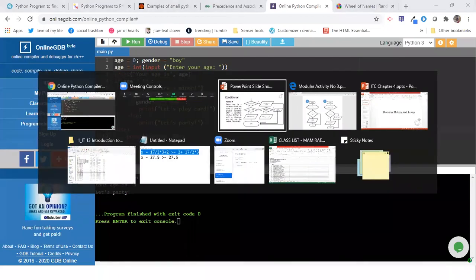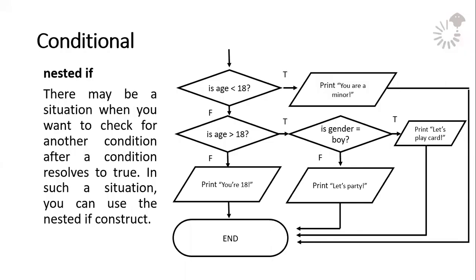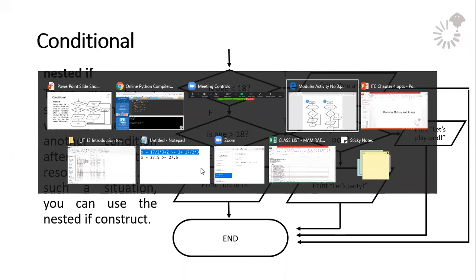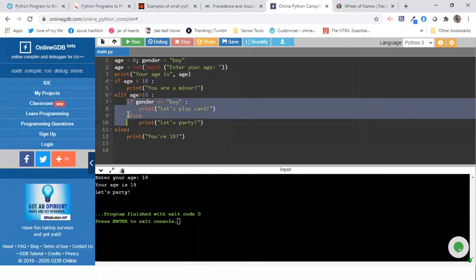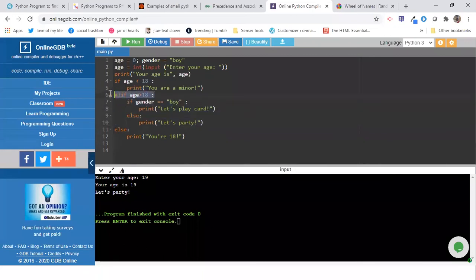So, yan yung conditional. Nested if. That is if within if. Kung mapapansin nyo, ito yung pantay niyan. This block is under as if statement for this line 6. And then, this is indented. Naka-indent na naman to. Meaning, this is under line 7.